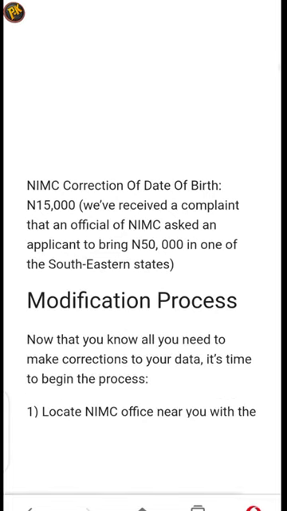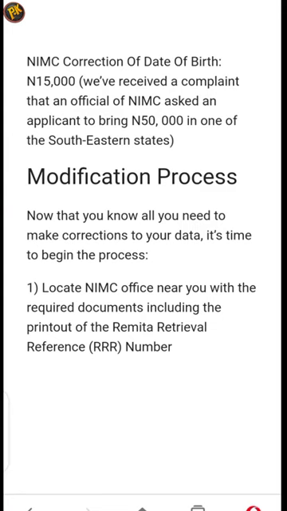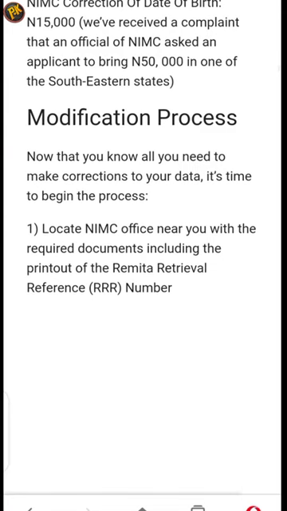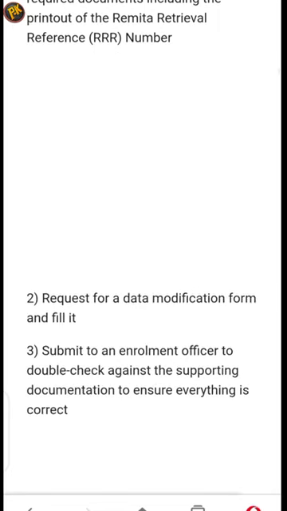Can you imagine? So now that you know all you need to make correction to your data, it is time to begin the process. Locate a NIMS office near you with the required documents, including the printout of the REMITA retrieval reference, which is your REMITA number, the printout that we talked about. Request for data modification and fill it.